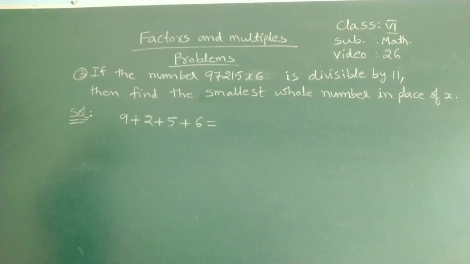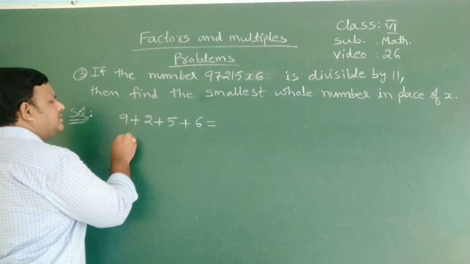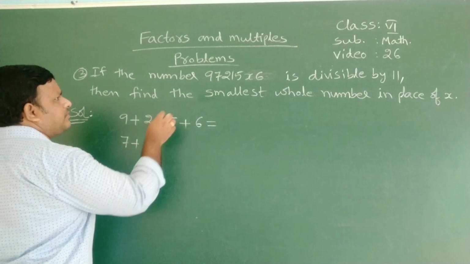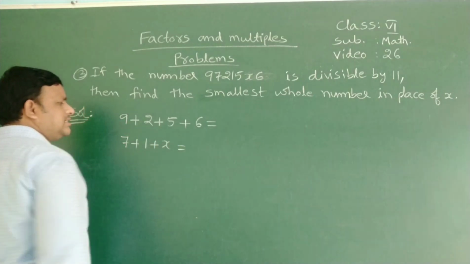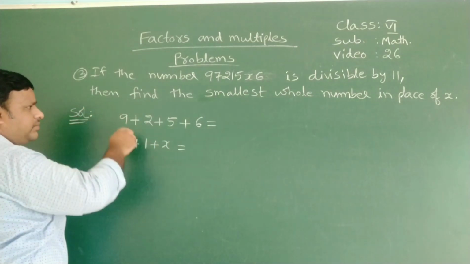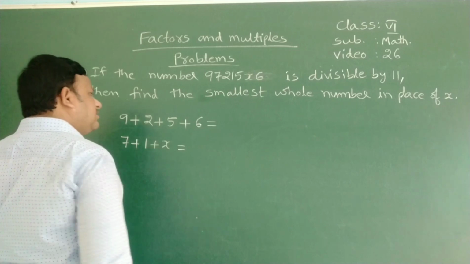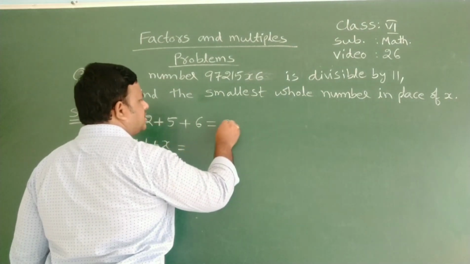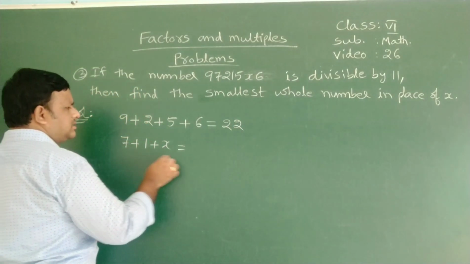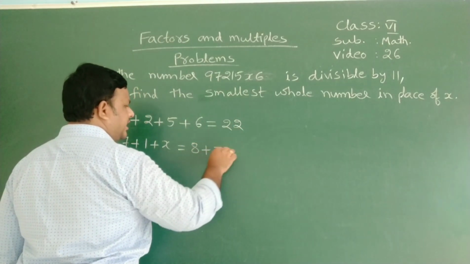In the same manner, even places. Second place 7, fourth place 1, sixth place x. Now if you add, here we will get 15 plus 5 is 20, 22. This is 22 and this is 8 plus x.